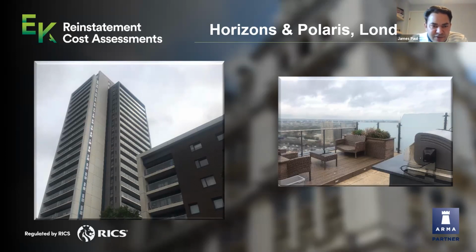Why was this building being insured for 30 million? Well, it turns out that no one had actually conducted a reinstatement cost assessment on the building since it was constructed. The figure of 30 million had basically been derived by the insurance brokers, who were just updating an old figure using tender price indexes, and no one had actually really been to site and measured it or updated it properly since.